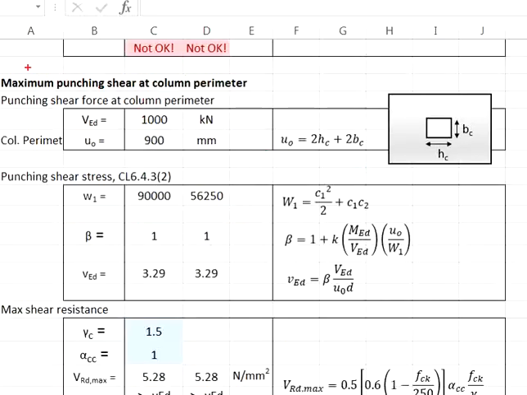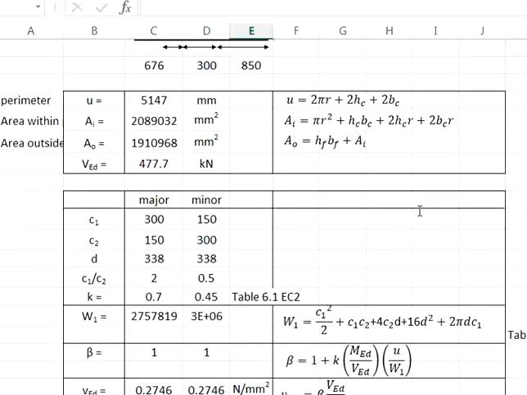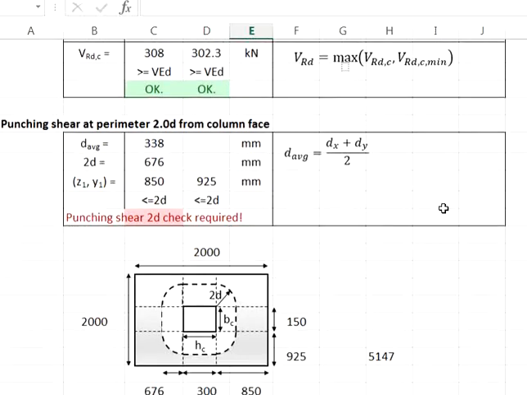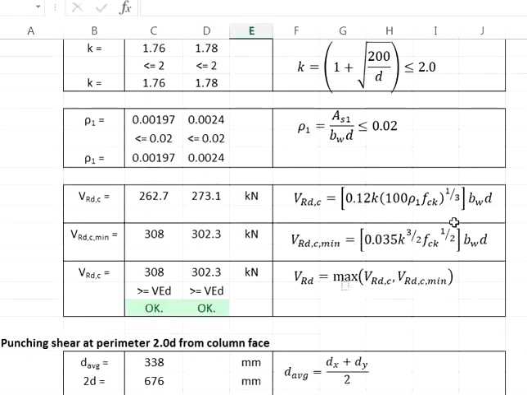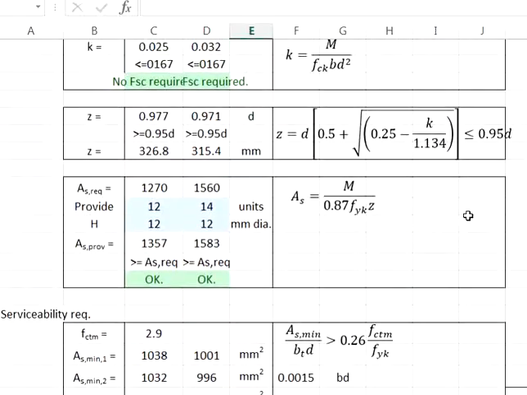And then lastly, we will check the punching shear at the column perimeter. That means we are checking this shear plane surrounding the column perimeter. You need to make sure all the 3 shear resistances pass so that the pad footing is considered safe.